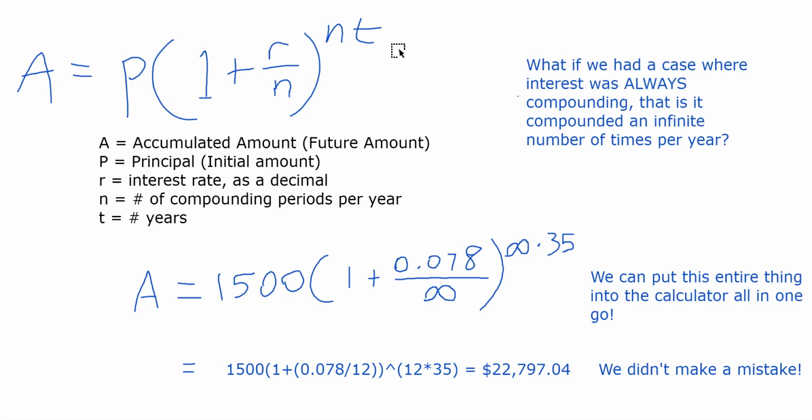So instead, it turns out if you did want to compound interest an infinite number of times per year, you're going to need to use a different formula.